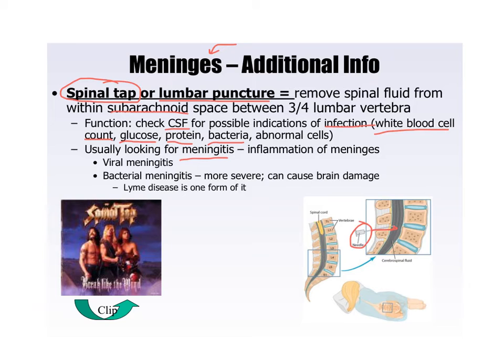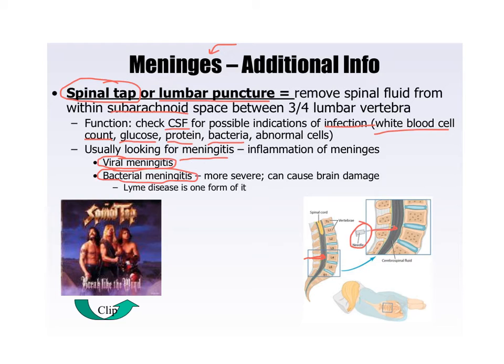And there's a couple reasons why you can have that infection. It could be from a virus, that would be viral meningitis. It could also be from a bacteria, of course that'd be bacterial meningitis. It could also be from a fungus. And they stick the needle between lumbar number 3 and number 4 from the back side or the posterior side.